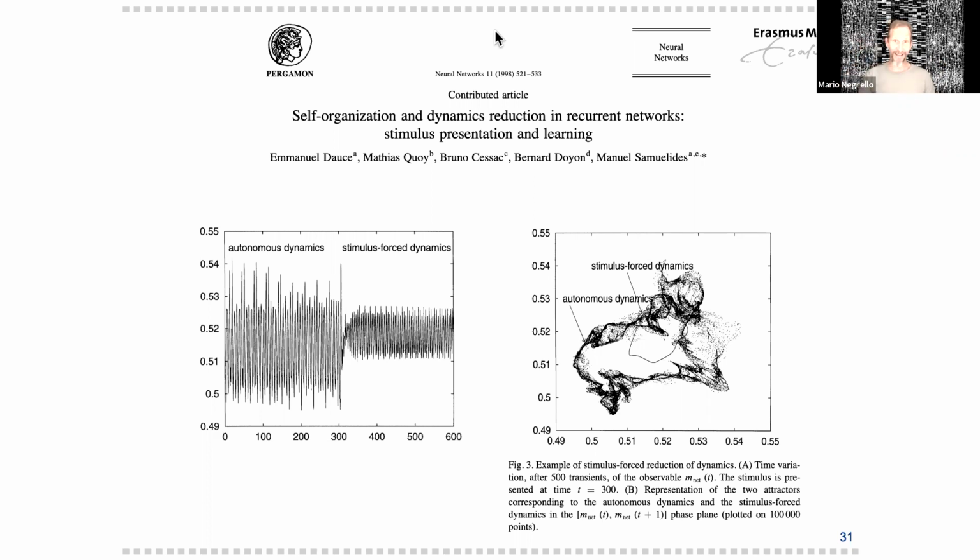You say, think about a piano. So as an input, you press a bunch of keys randomly together. What will the network do? That's the question that the authors asked. So you have a 500 neuronal network. On panel A, you have the average output of all the units of the network.